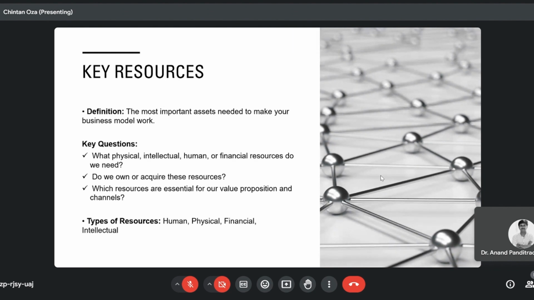The definition says the most important assets needed to make your business model work. The resources could be physical, intellectual, or financial even.